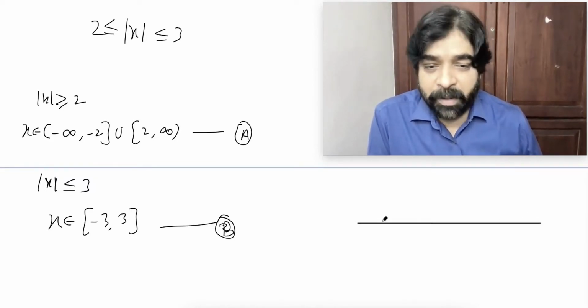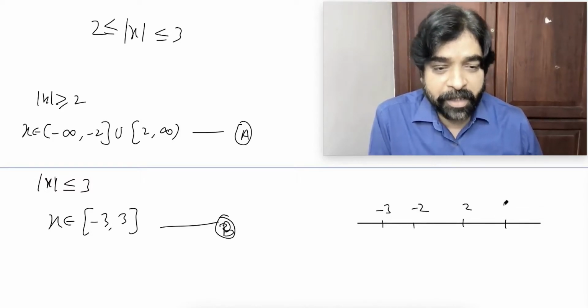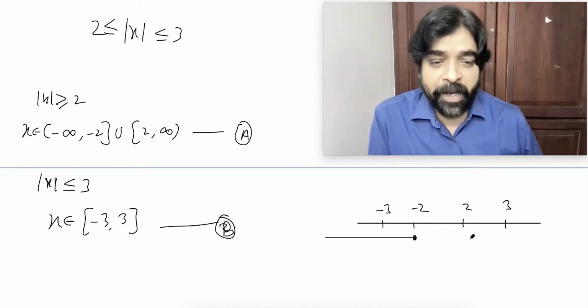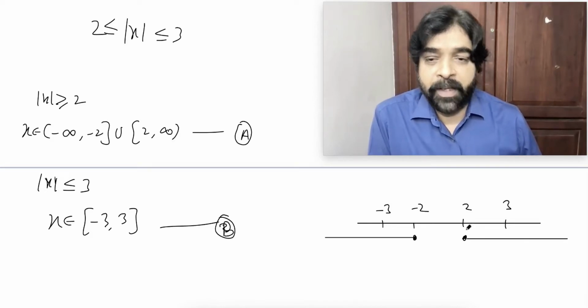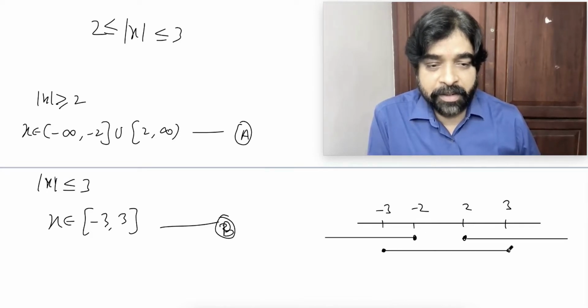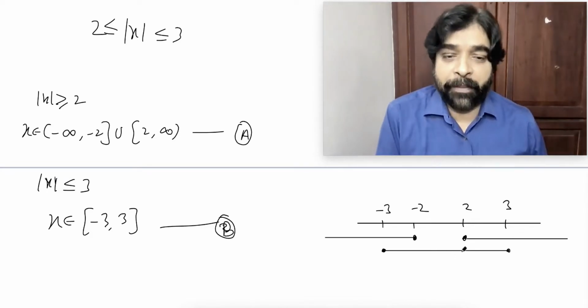So whatever points you can see here: minus 3, minus 2, 2, 3. This says minus infinity to minus 2 closed, and 2 closed to infinity. And this says closed minus 3 to plus 3. These are the two intervals. I have to take the intersection.